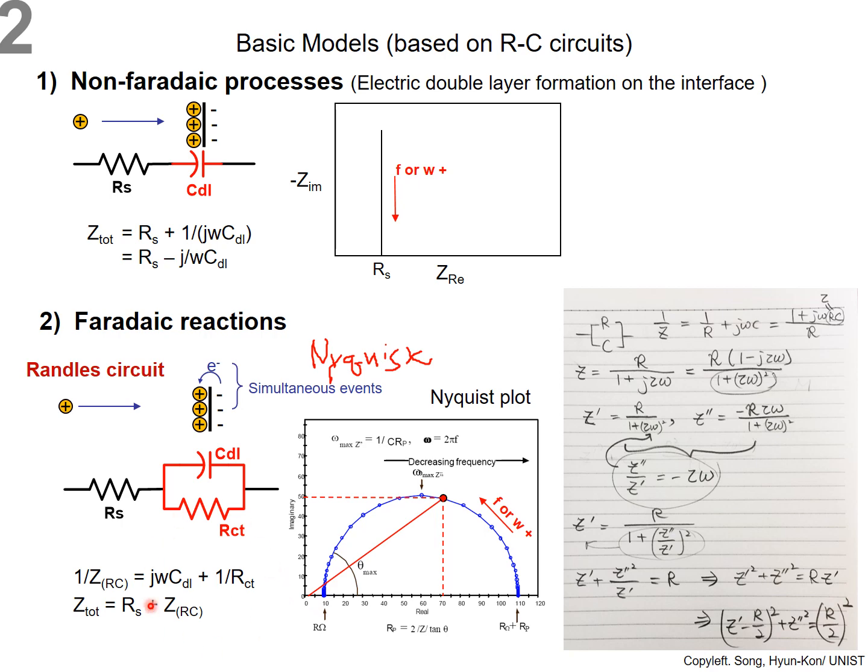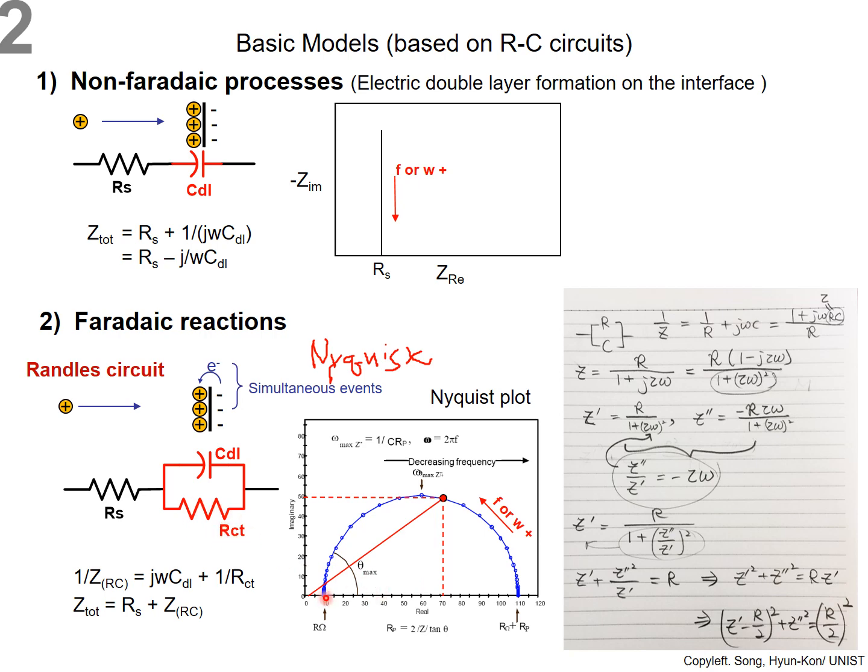By combining those two equations, you could obtain the equation for a circle. So here is some formulation, and finally you would have (real part minus r over 2) squared plus imaginary squared is equal to (r over 2) squared. Here r stands for Rct.